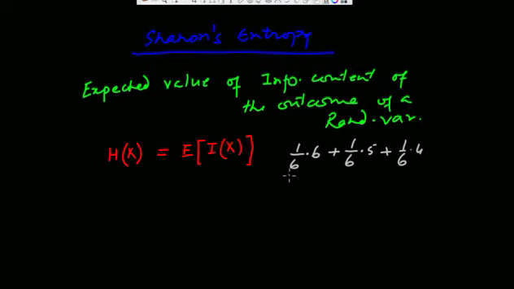Now when we write this, this is probability, right, P of particular outcome xi, and this is your outcome xi. Now remember, when we have the loaded dice, then this is not going to work.